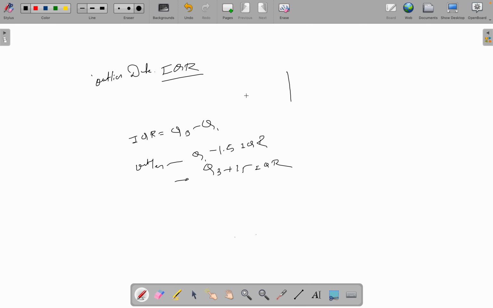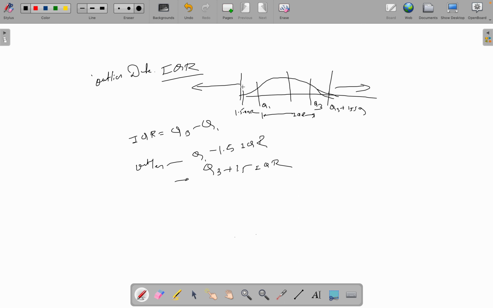So if you have a plot like this, a Gaussian distribution, and suppose Q3 is here, Q1 is here, and this is called the IQR. So Q1 minus 1.5 IQR will be somewhere here, and Q3 plus 1.5 IQR there. So anything beyond this and anything beyond this will be our outliers.